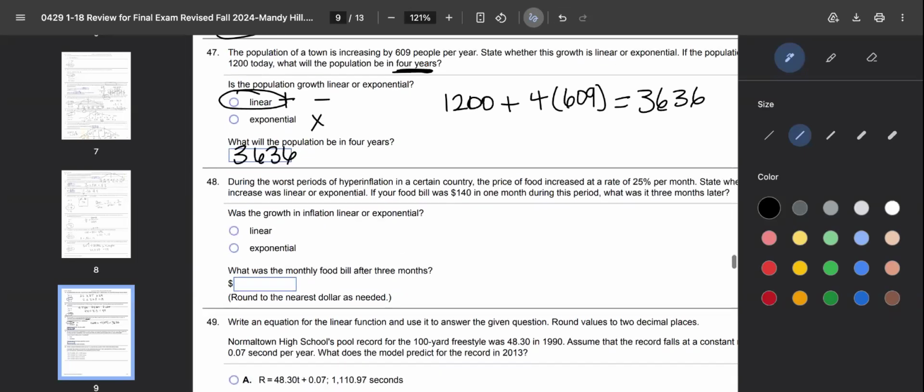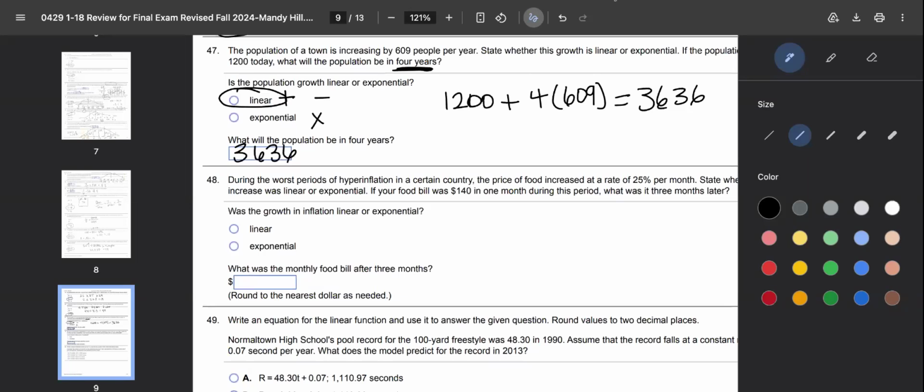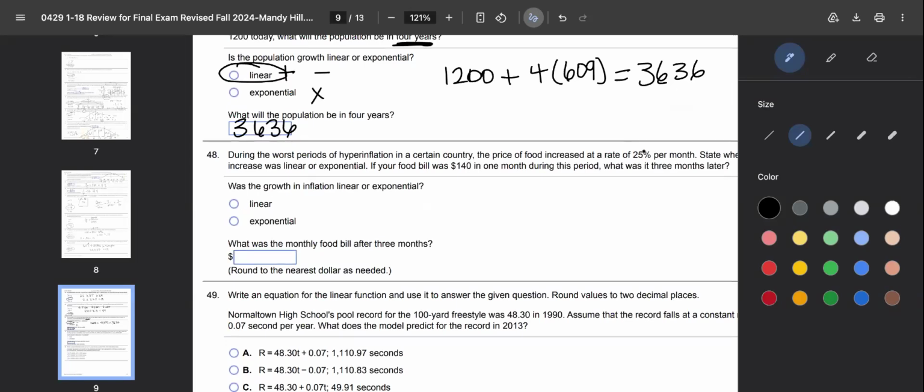During the worst periods of hyperinflation in a certain country, the price of food increased at a rate of 25% per month. When you see this rate, you need to start thinking, I'm going to multiply to get to the next step.